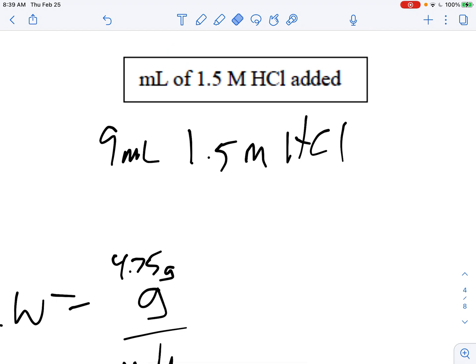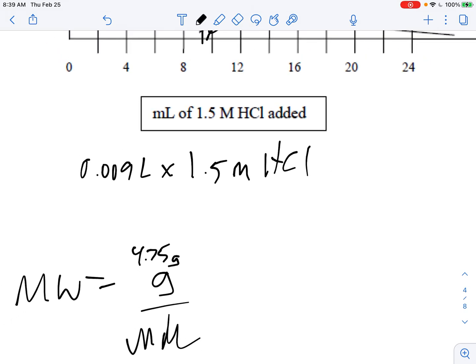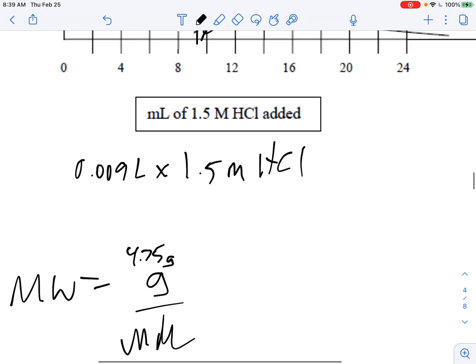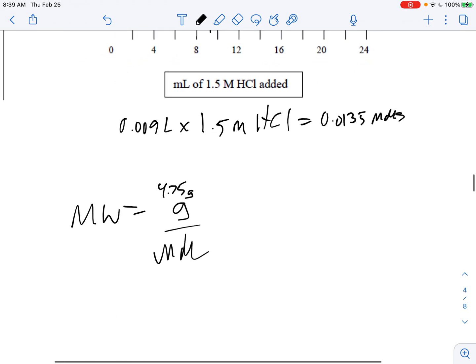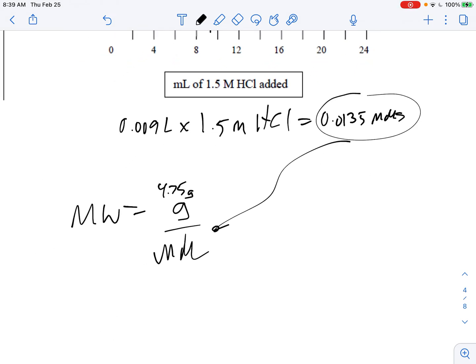Well, I know it because I know that there is 0.009 liters of 1.5 molarity. So 0.009 liters of 1.5 molarity gets you 0.0135 moles. And that's the number that's going to go down here, 0.0135 moles.